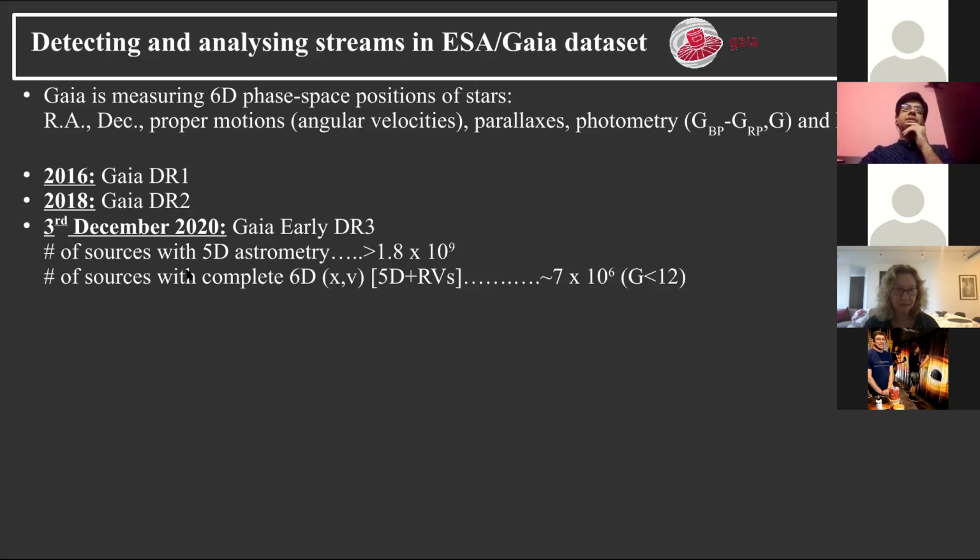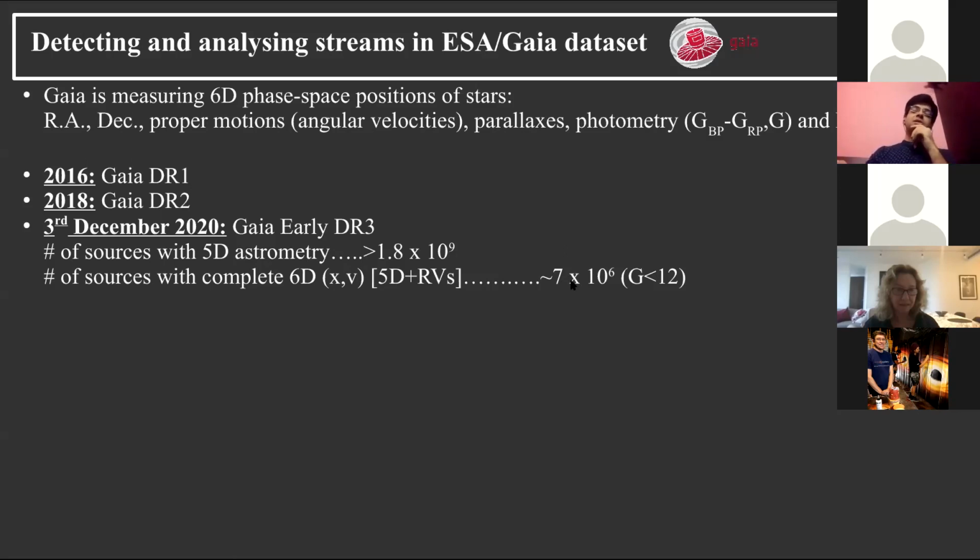Gaia EDR3 provided 5D astrometry for about 1.8 billion sources. By 5D astrometry, I mean it provided 2D positions, 2D proper motions, that is, two components of angular velocity, and one-dimensional information in parallaxes. So that was just 5D phase space information. And it also provided additional radial velocities, but for only about 7 million stars.